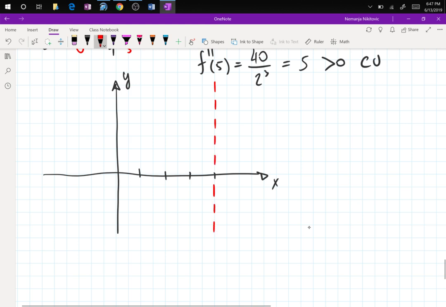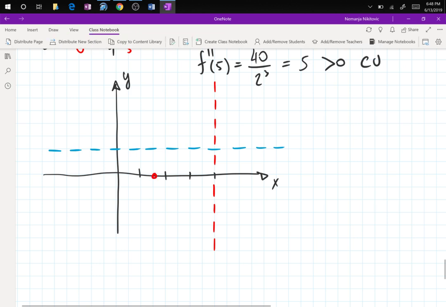X equals 4. Then we had y equals 1, horizontal asymptote. We had an x-intercept at 1.5, so that's the 3/2, and we had another point at 0 and 3/8.